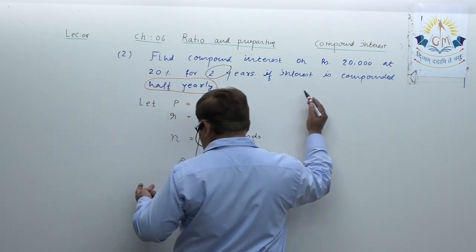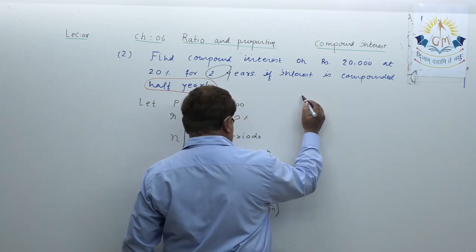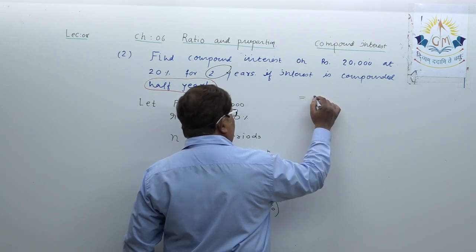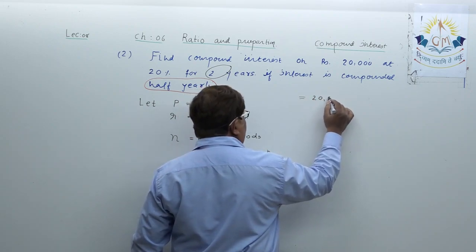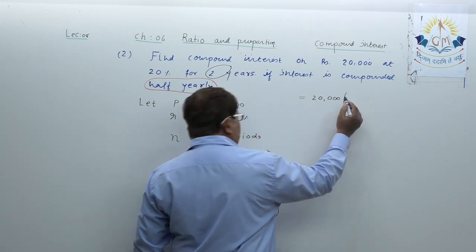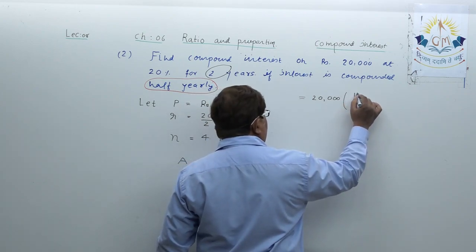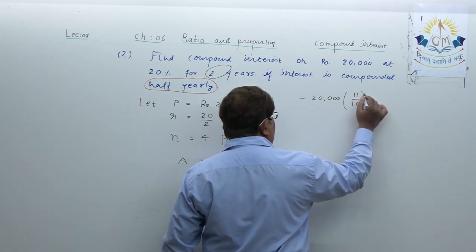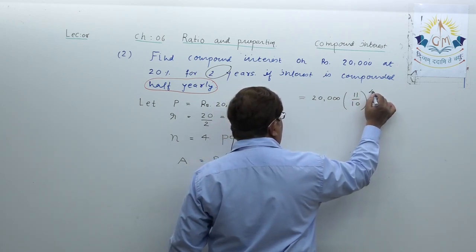Next step we carry out further, equal to 20,000 into bracket 11 upon 10 raised to 4.